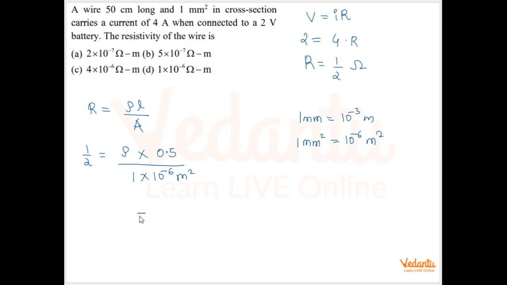Okay, from this rho will just become half into 1 by 0.5 into 10 power minus 6, or you will get rho is equal to 1 into 10 power minus 6 ohm meter. So beta, option D will be the correct answer.